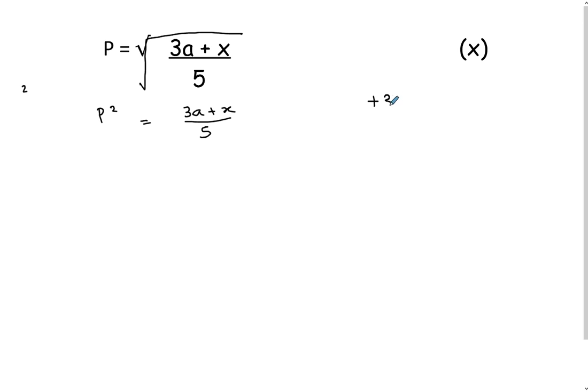So we added 3a and divided by 5. So now we go backwards and do the opposite. So times 5 minus 3a, and again I'm going to do it all in one go, which you'll be able to do once you get the practice, equals x. Okay, great. I hope you found that quite easy to do.